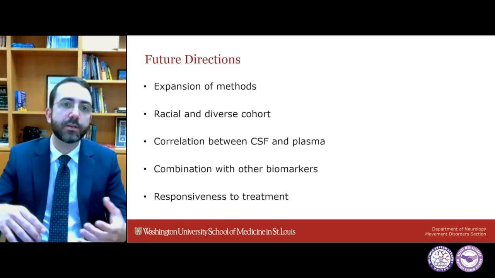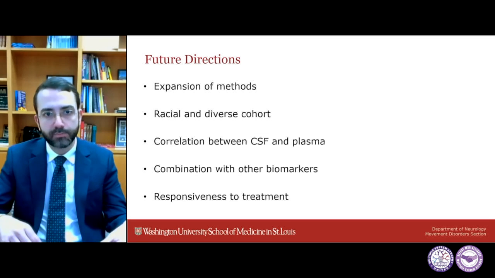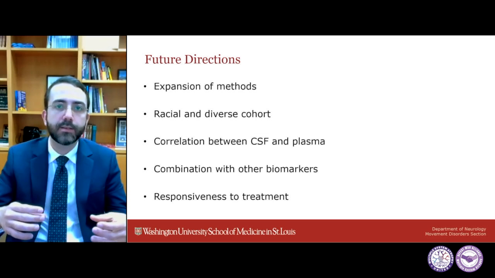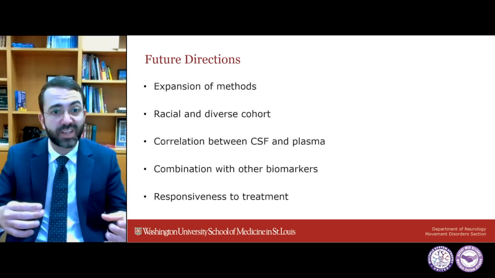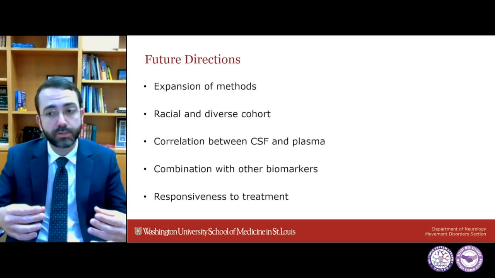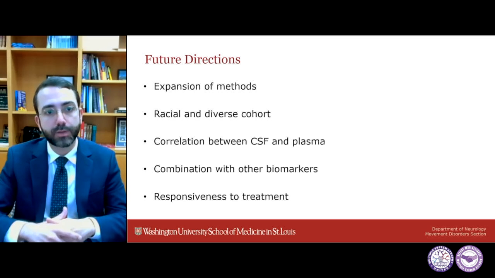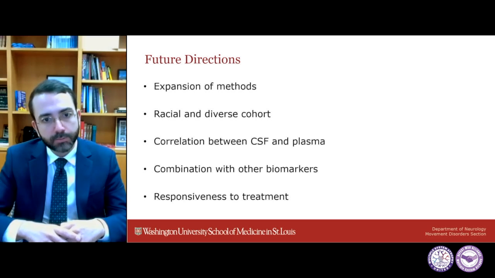We need to better understand the correlation between CSF and plasma neurofilament light chain and make sure that there is a high level of correlation between those that would allow us to perform a less invasive measurement of neurofilament light chain.